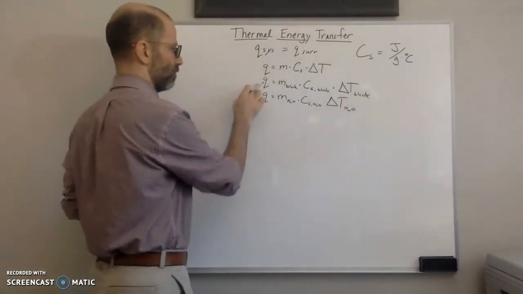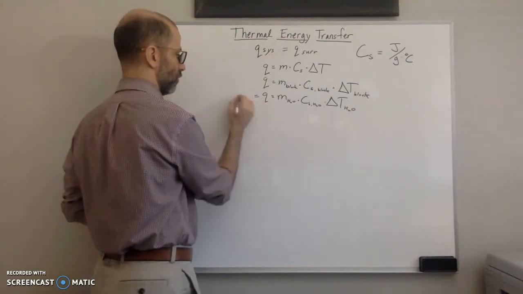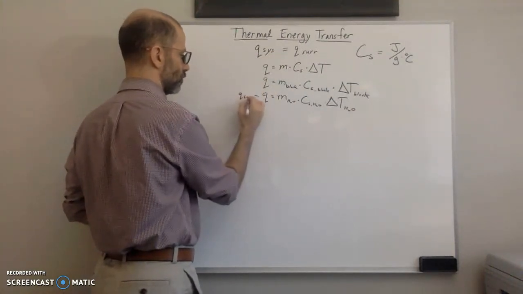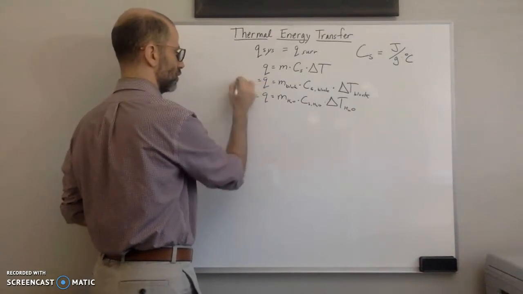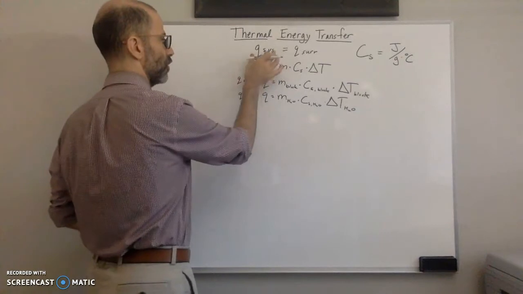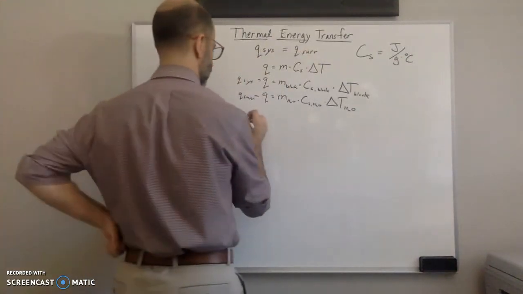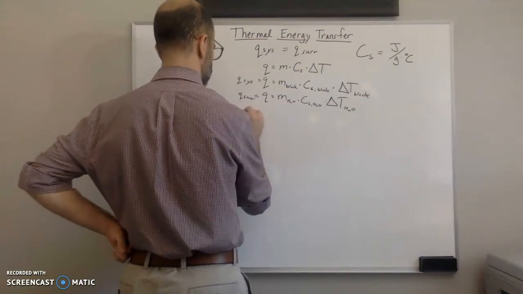And if I know that this is Q of the surroundings, and this is Q of my system, then if the Q of the system is equal to the Q of the surroundings, then I can set those equal together, right?